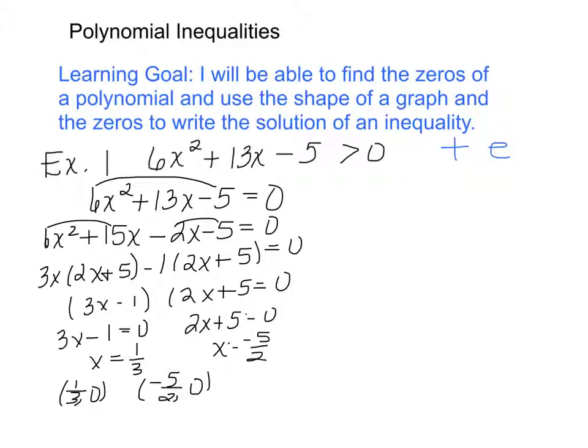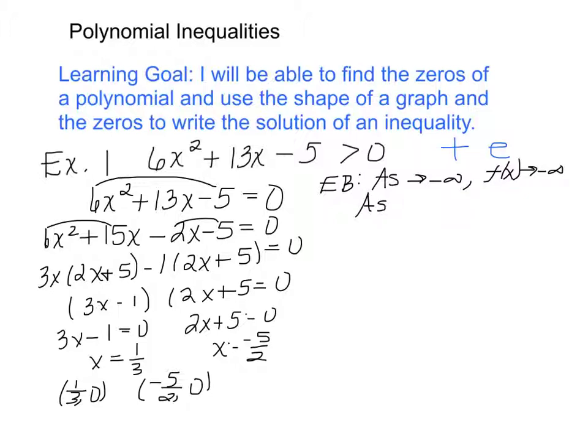Since this is a positive even, that means that my end behavior is going to be, as x approaches negative infinity, f of x approaches negative infinity.